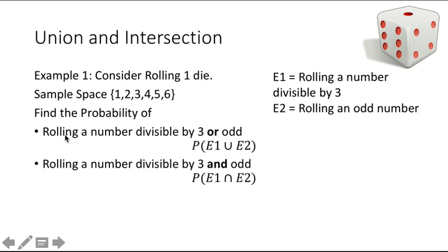If we want to find the probability of rolling a number divisible by 3 or odd, this is the proper notation. Remember, this is the symbol for or. And if we want the probability of rolling a number divisible by 3 and odd, this is that proper notation. It's the upside down U. Remember, the right side up U means or, and the upside down U means and.